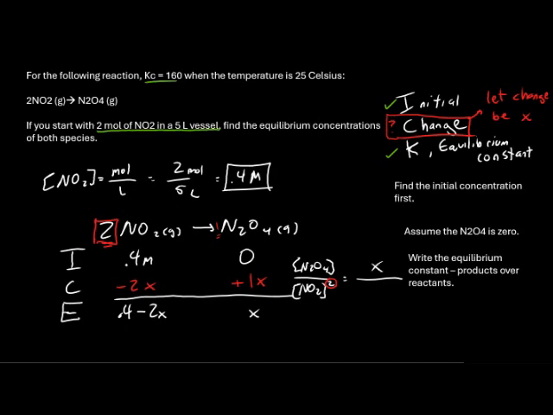So we will write x on the top and 0.4 minus 2x, the whole thing squared, on the bottom. Then we will set this expression equal to our K value. Our K value given at the top is 160. So we'll say this fraction equals 160.